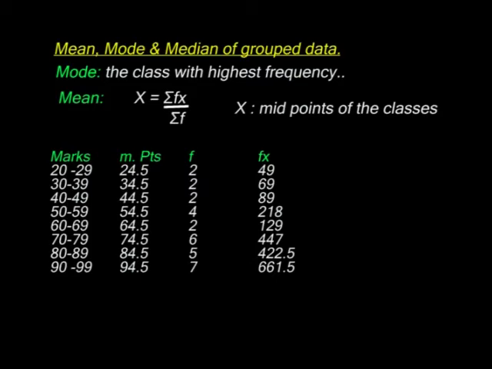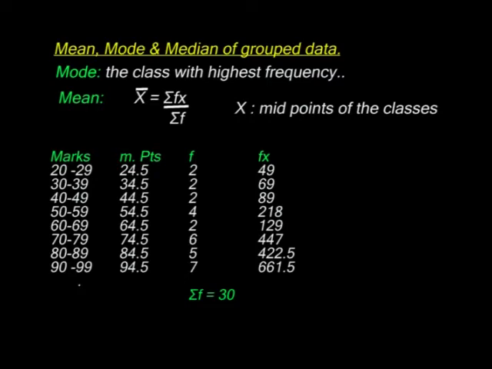And the summation of frequency is 30. We had 30 students. We then have fx. We multiply x, which in our case was the midpoint, times frequency, and we start with 49. 34.5 times 2 is 69, all the way up to 94.5 times 7, which is 661.5.